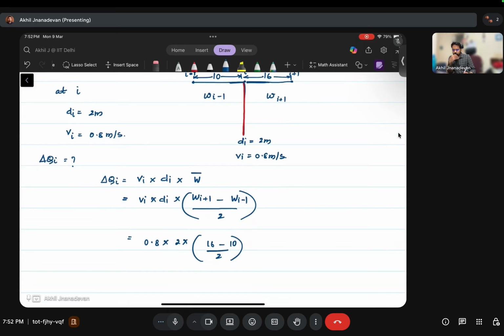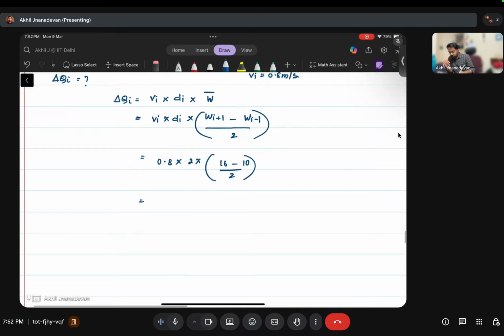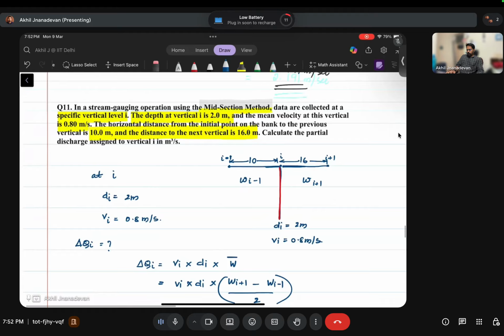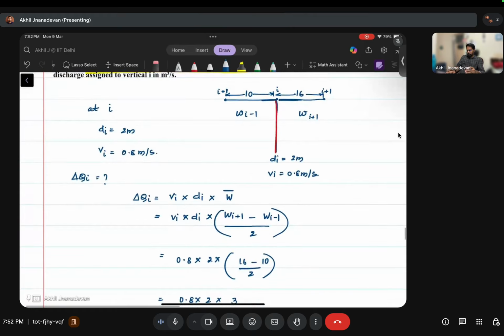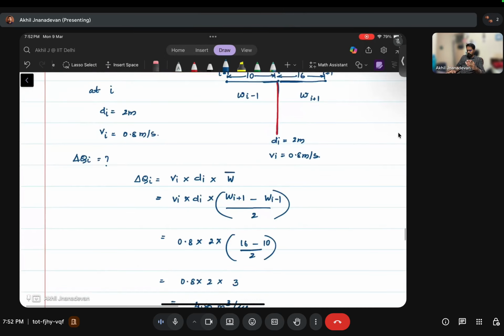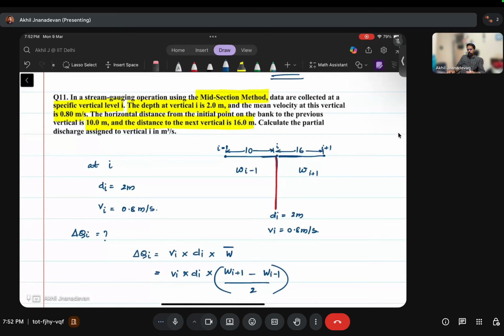So it's equal to 0.8 into 2 into 3, that is equal to 4.80 meter cube per second. So that is how we find the discharge corresponding to a vertical i if we have the width before and after.